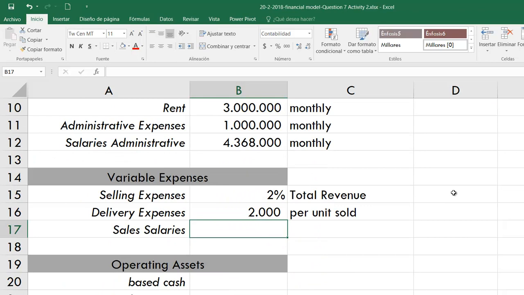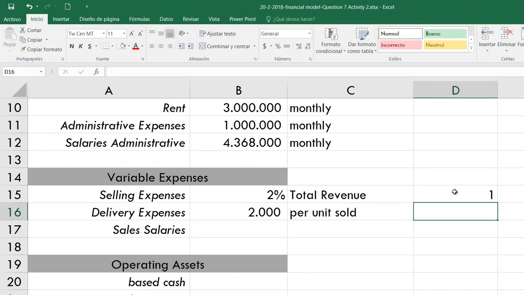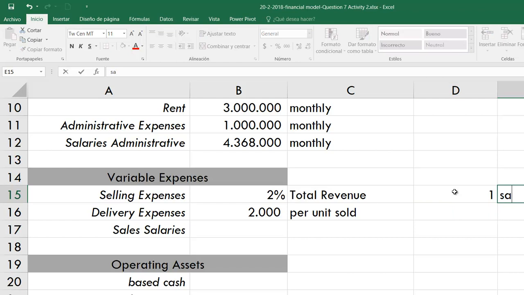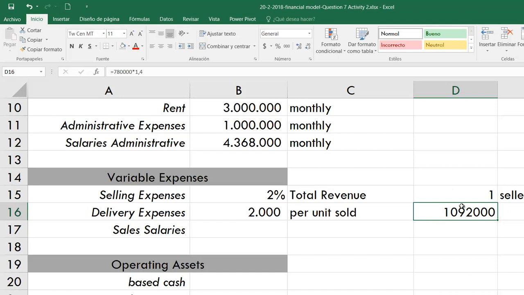Let's say that I have one seller, and that seller is making actually minimum wage, increased by this amount. This is the seller salary.